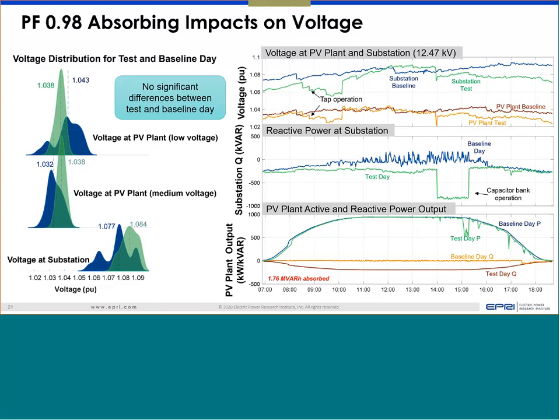But when the plant started absorbing VAR, you can see in the middle of the day, for several hours, the reactive power was constant around maybe 200 kVAR, and that's the amount by which the VAR was reduced, or maybe transmission was injecting the VAR, supplying the VAR that is being absorbed by the plant.